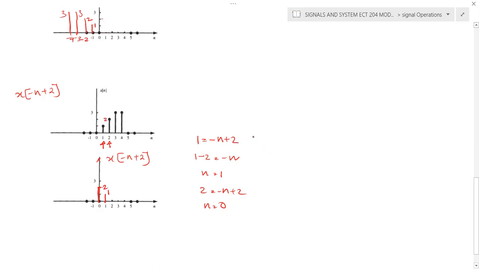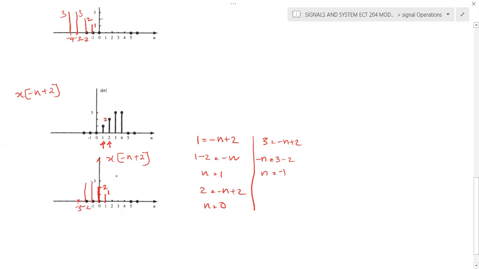Similarly, you can try the next value, n is equal to 3. 3 becomes minus n plus 2, so n is equal to minus 1. So you'll get a signal magnitude at minus 1. And the next value will be at minus 2. And from minus 3 onwards, it becomes 0.